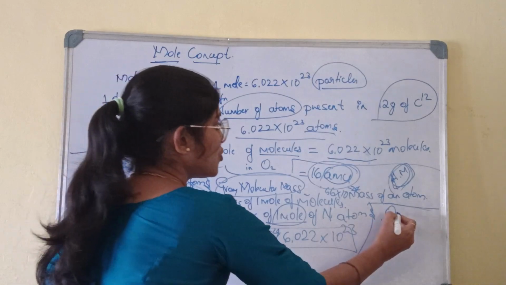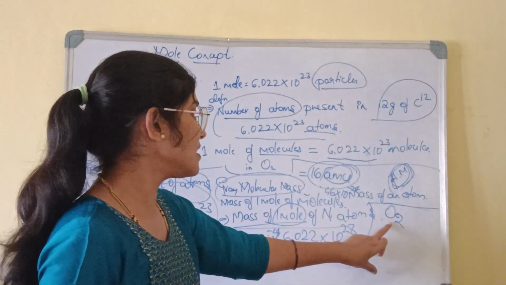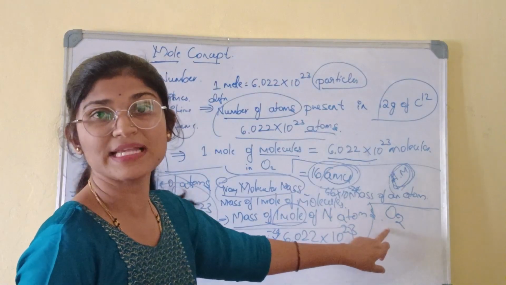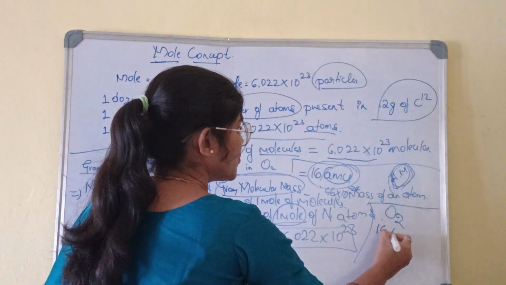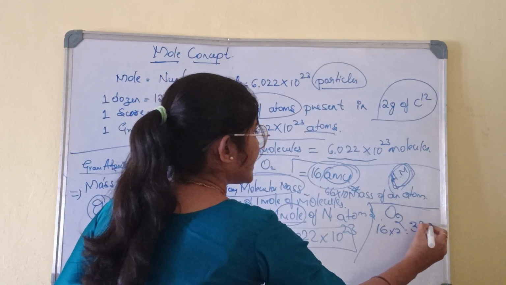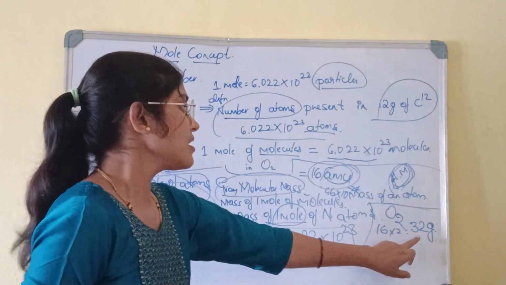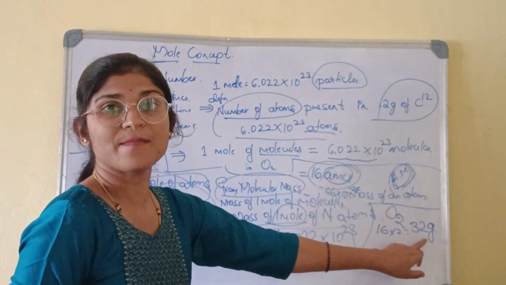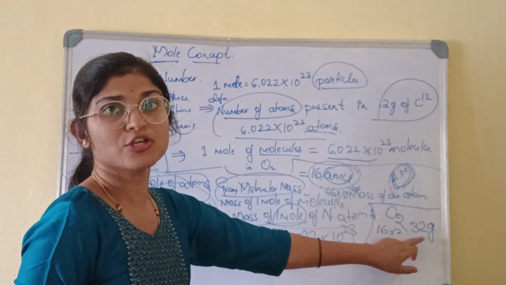What is the molecular mass of the oxygen molecule? 16 into 2, 32. So 32 gram. It is gram molecular mass, represented in grams.